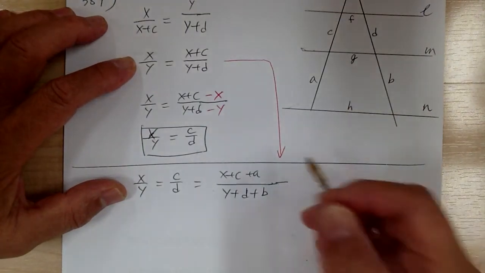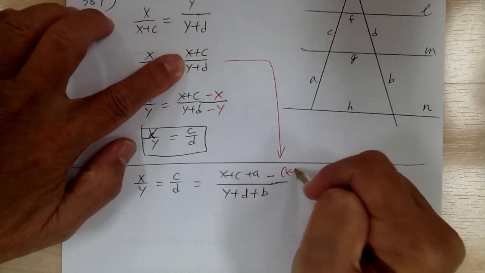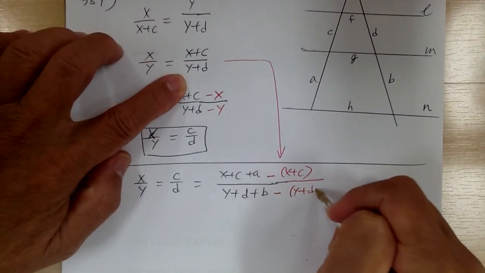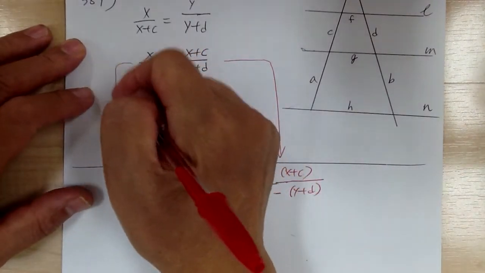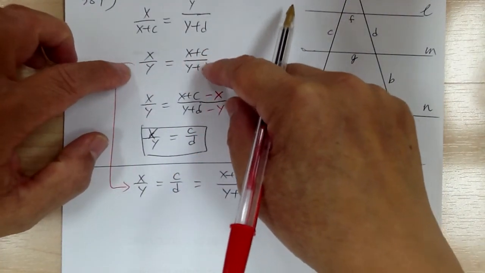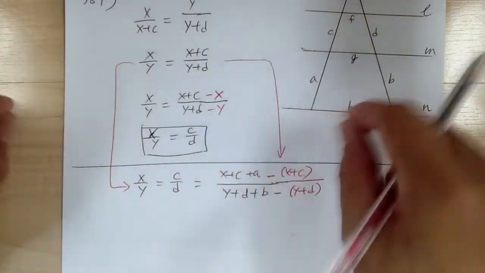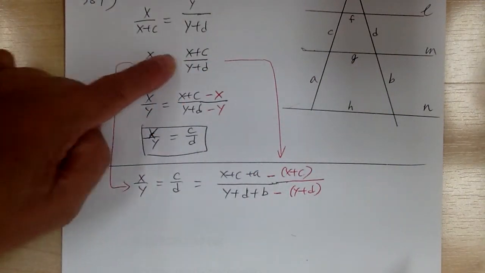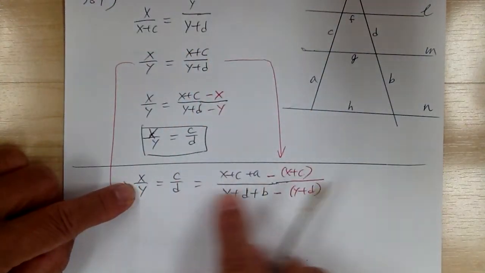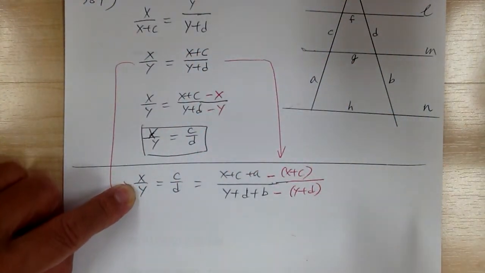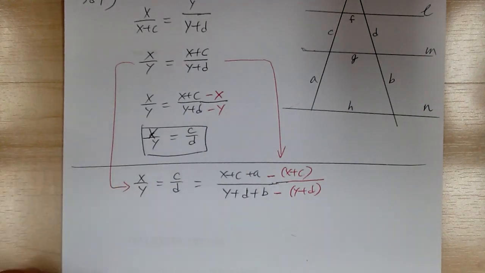So I'm going to minus the x plus c, and I'm going to minus the y plus d, because they are equal, right? You see this over here, right? So you need to have the equation first. You need to have the proportion first before you can do that, okay? Because these are equal, I can add this onto the top, add this onto the bottom, or subtract it from the top, subtract it from the bottom.